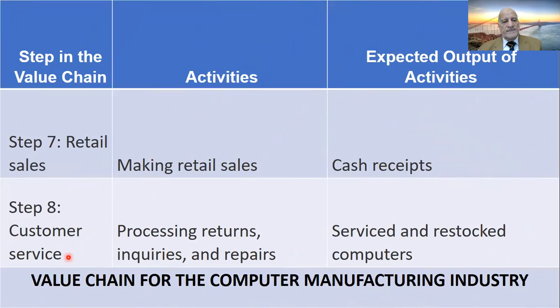Step number 7, retail sales. Activities are making retail sales. The output will be cash receipts. When we sell the products, it's expected to receive cash.